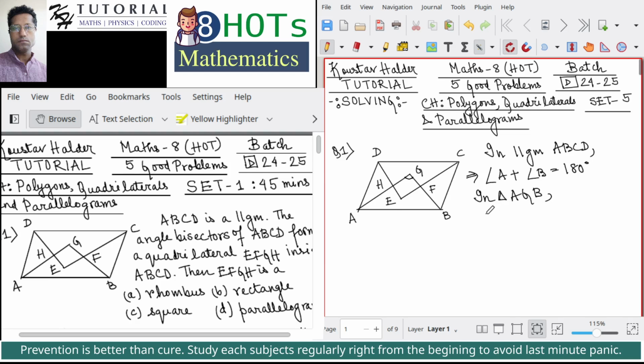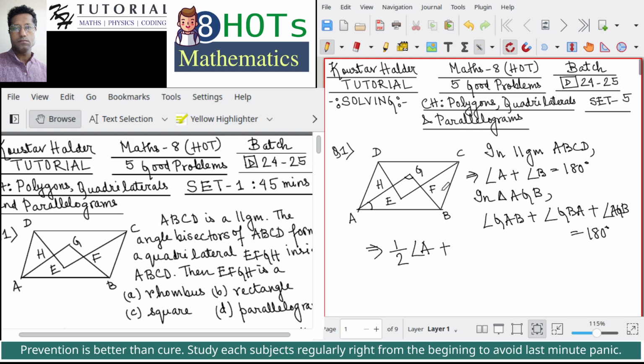So we must have angle GAB plus angle GBA plus angle AGB is equal to 180 degrees. Okay, now what is angle GAB? Since AG is the angle bisector of angle A, this will be half of angle A.